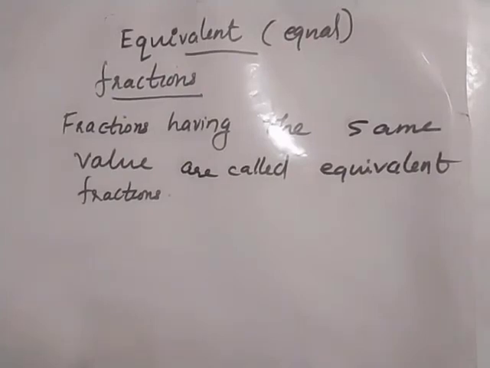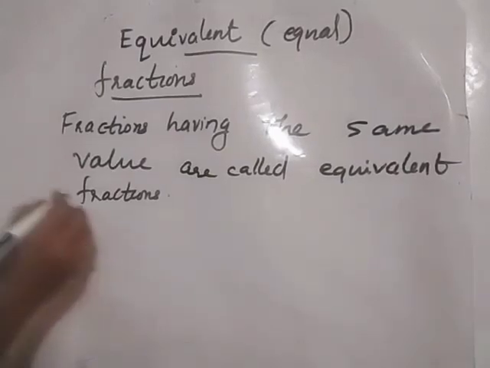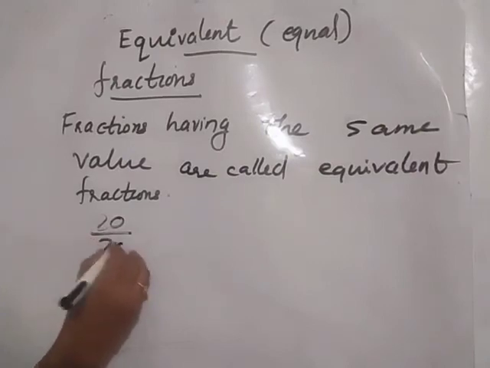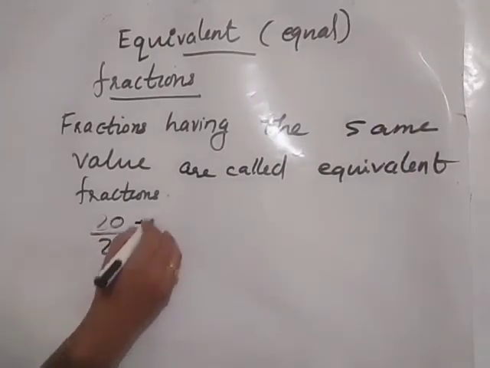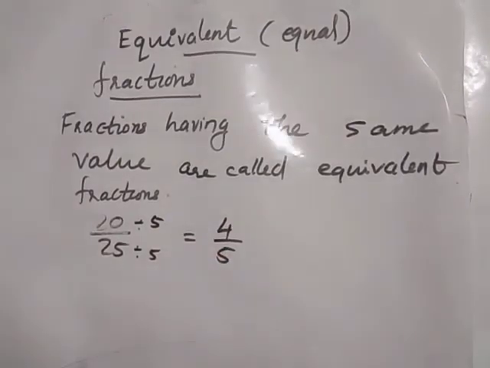Equivalent fractions or equal fractions: fractions having the same value are called equivalent fractions. For example, 20 by 25. We can divide 20 by 25 by 5. We will obtain 4 by 5. So 4 by 5 and 20 by 25 are equal fractions or equivalent fractions.